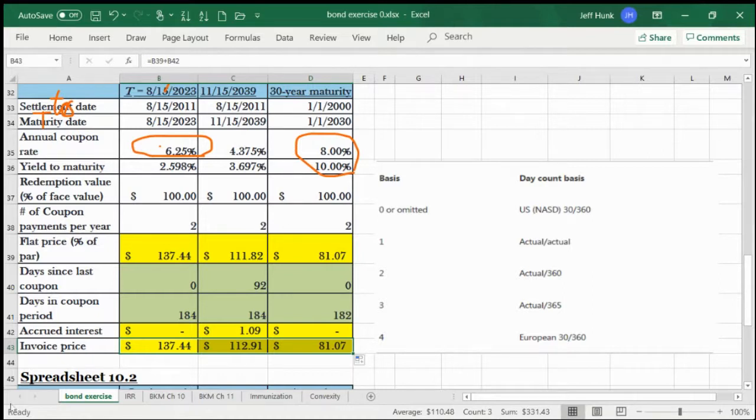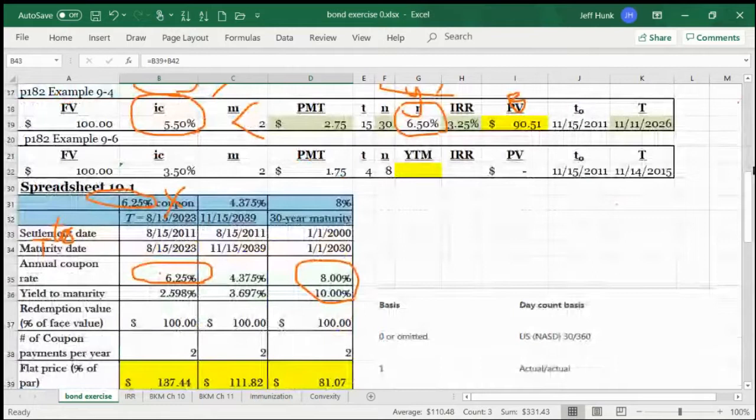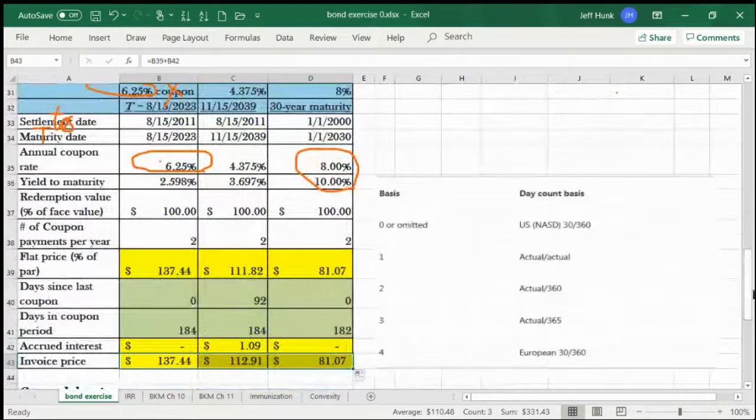So that's $1,374.40. I think that example we did previously. And then this one, $1,129.10. So it's $810.70. Okay. All right.